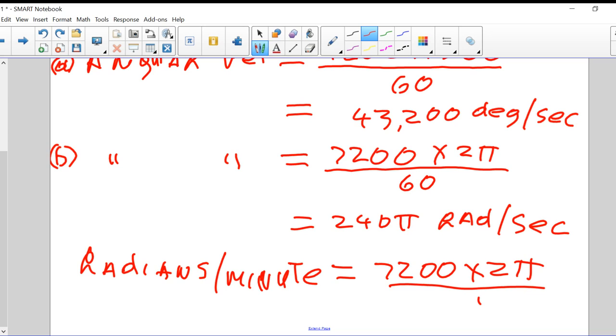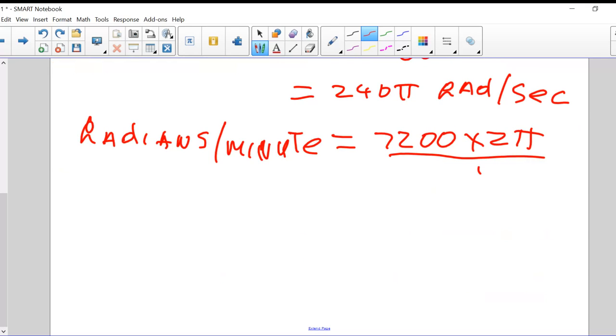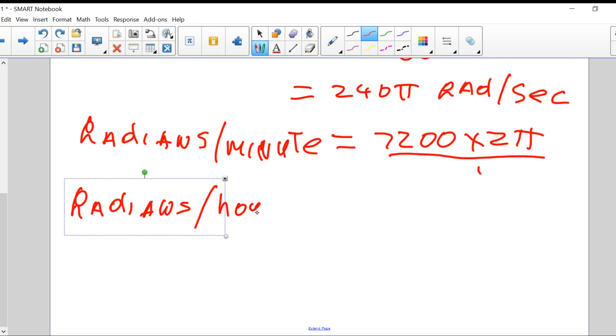Kevin, I'm going to get to you in just a minute. But if this were per hour, remember, in an hour you're going to do a lot more revolutions because you have a whole hour to do it. So if this was radians per hour, I would take that 1 minute and convert it into an hour. Remember, 1 minute is 1/60th of an hour.